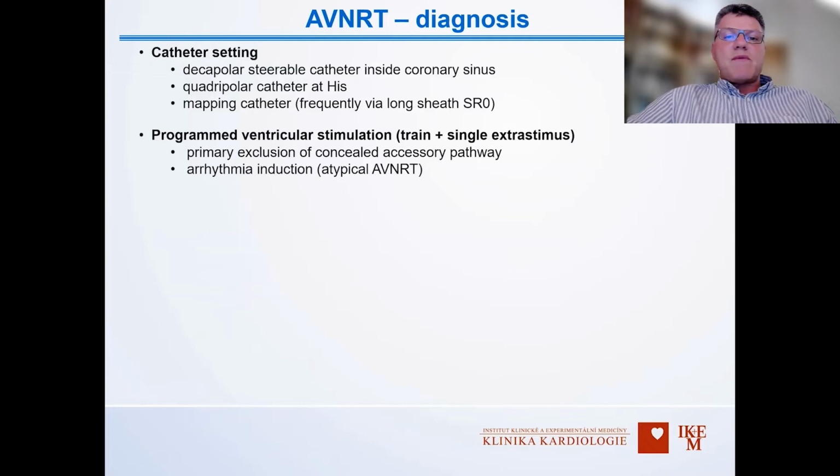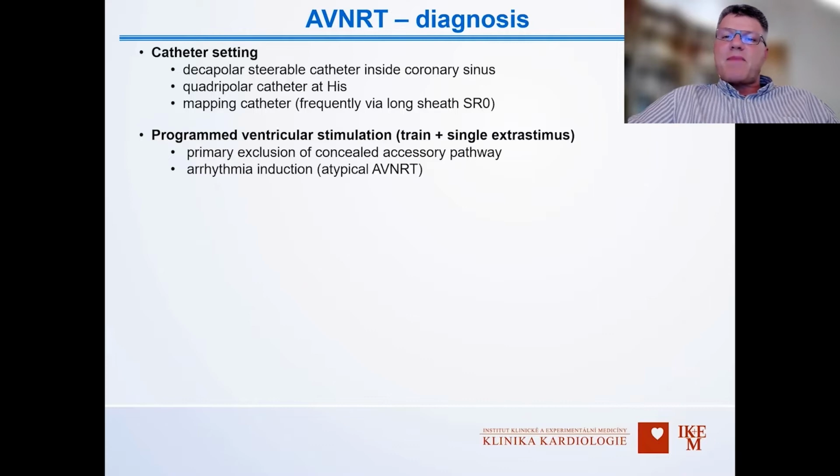We prefer to start with RV pacing because this reveals or excludes the majority of concealed accessory pathways. Not all of them, of course, and not with 100% certainty. The difficulties may arise with those located paraseptally, and I will mention this later.